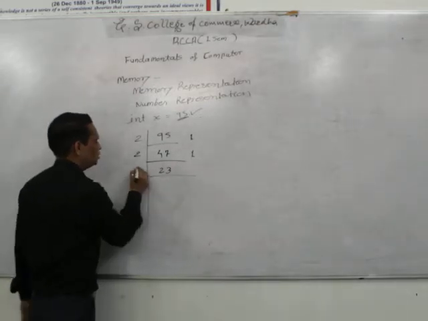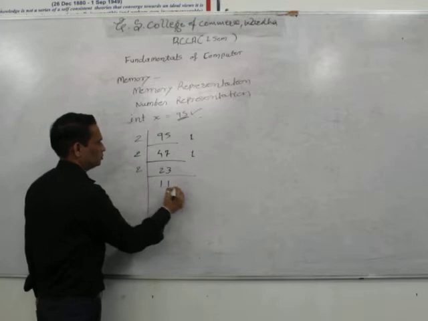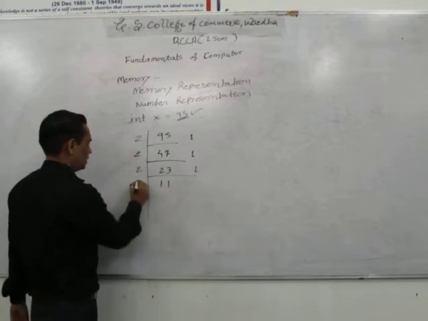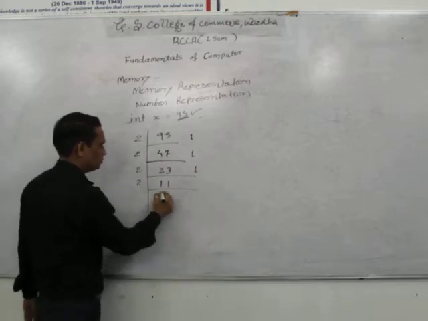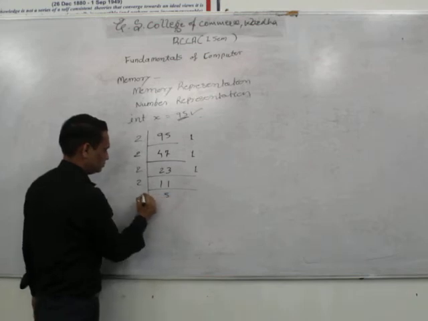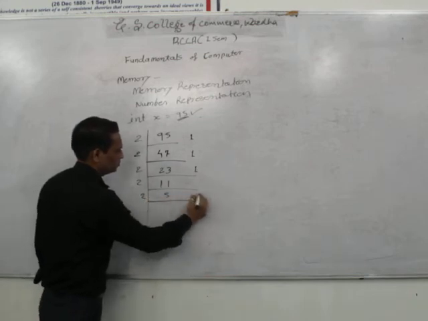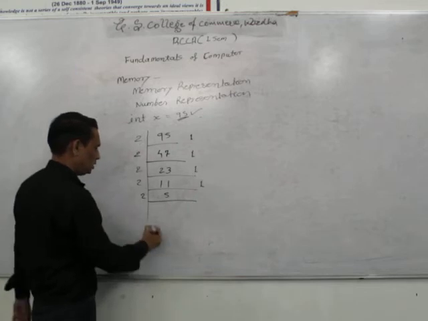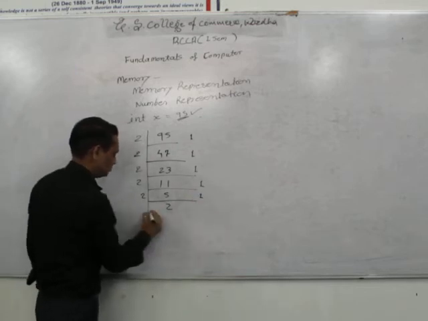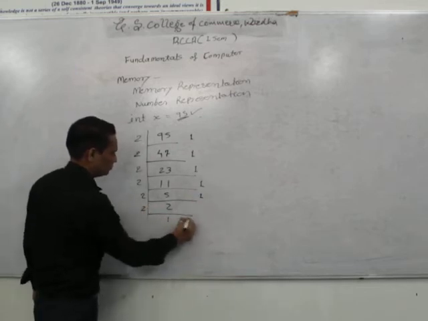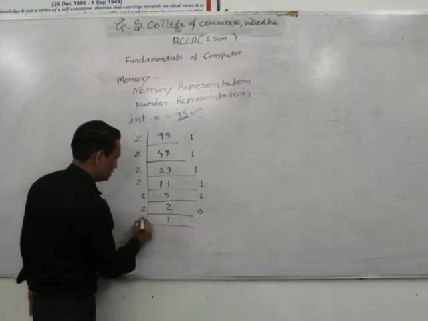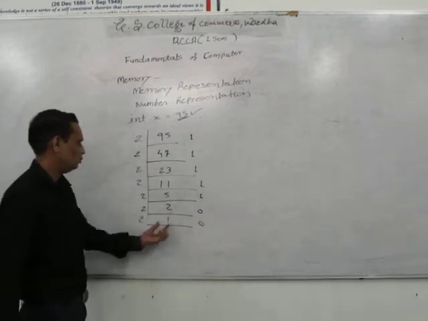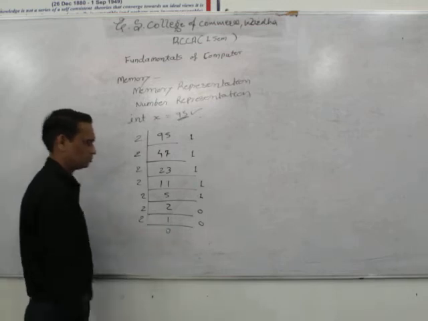Again divided by 2, remaining 1, again divided by 2, and again, till we get a 0.